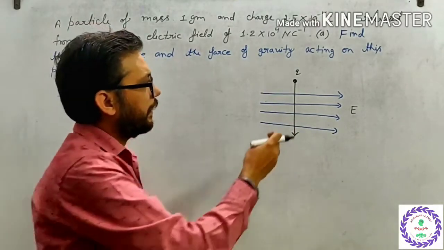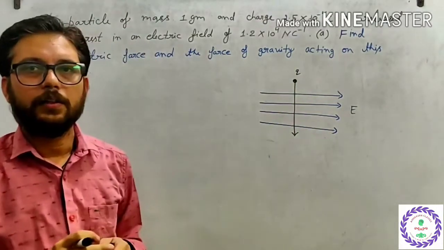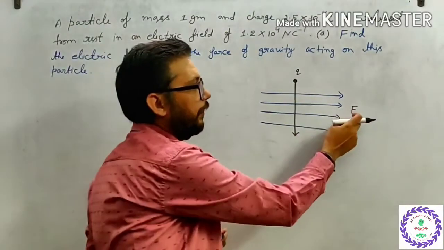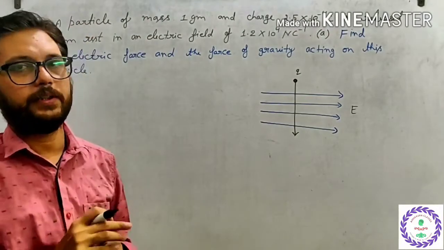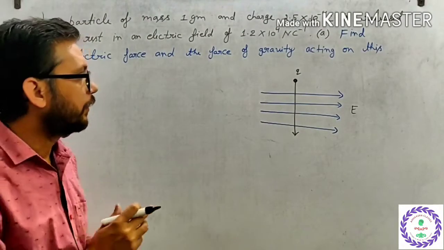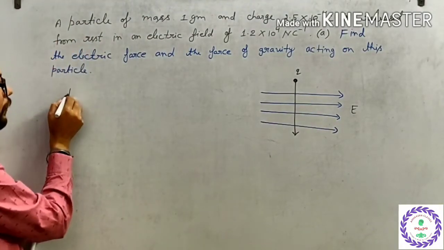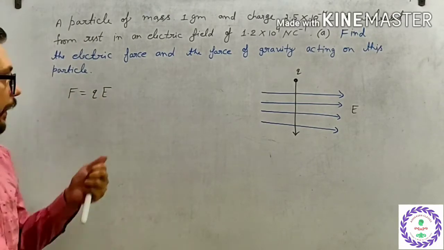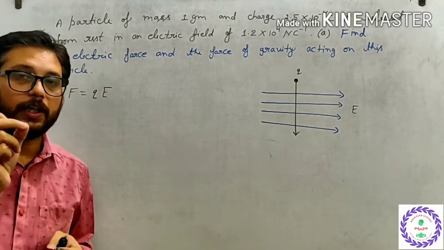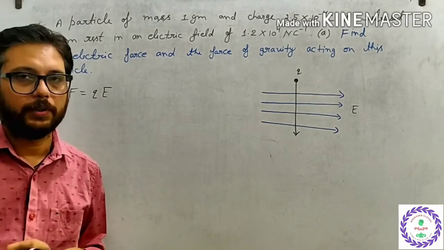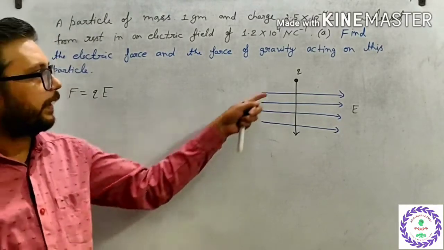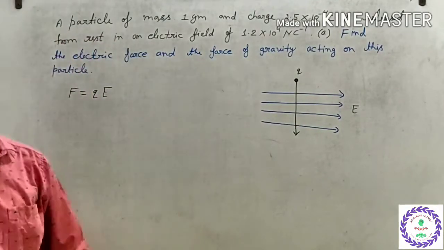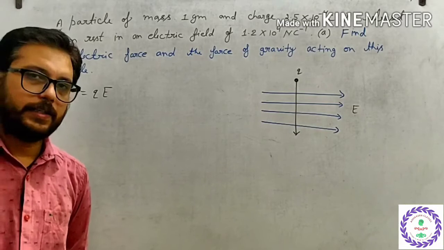As soon as it comes in the region of the electric field, the electric field will apply a force on it, and we know that the electric field applies a force F equal to qE. Here q is that charge or that body which is movable. So here this small q charge is moving, so it will behave like a test charge.